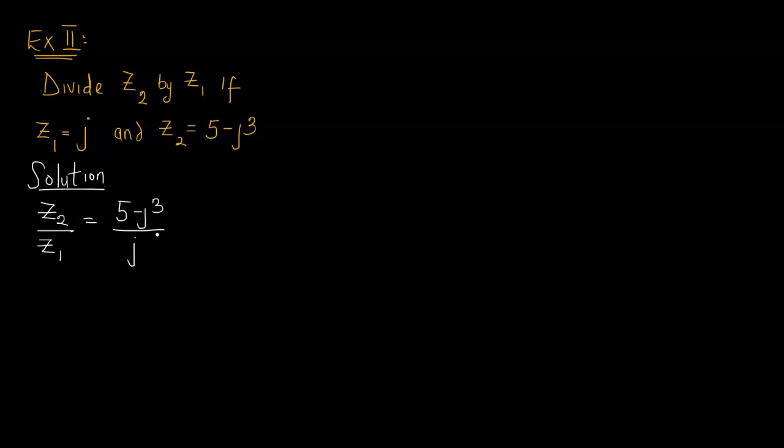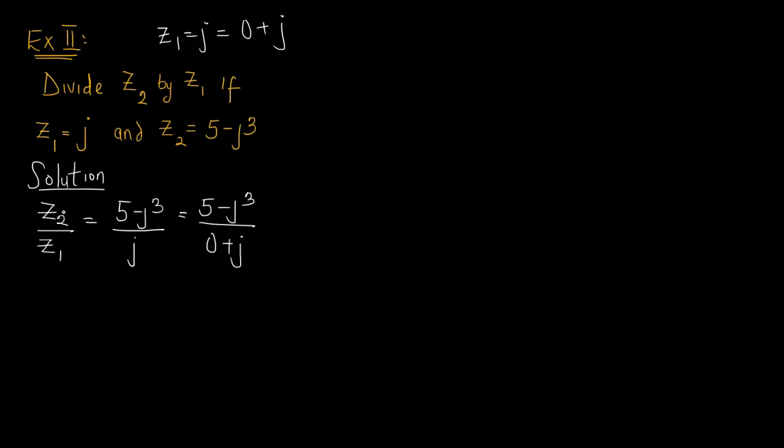But since we are going to be multiplying top and bottom by the conjugate of the denominator, which is z1, it's going to be good for us to rewrite z1, which is j, as 0 plus j. So here we can see that the real part is 0. So we can write this as 5 minus j3 over 0 plus j.